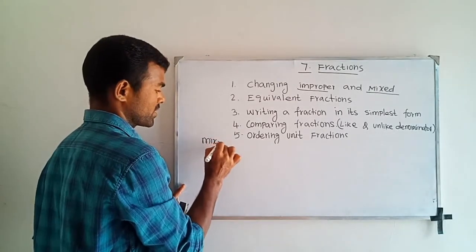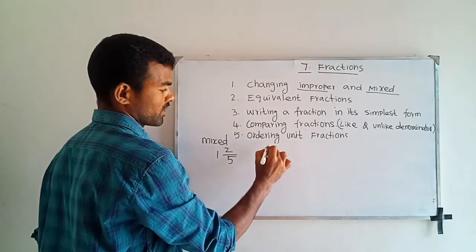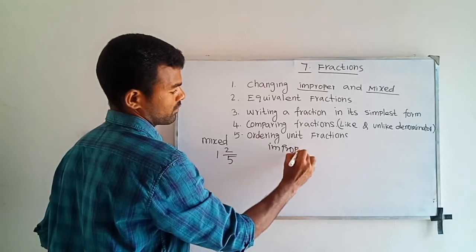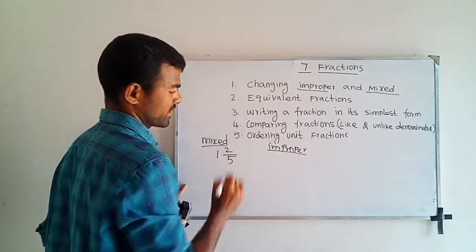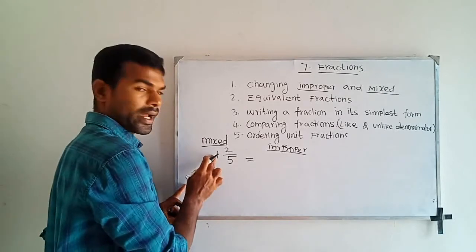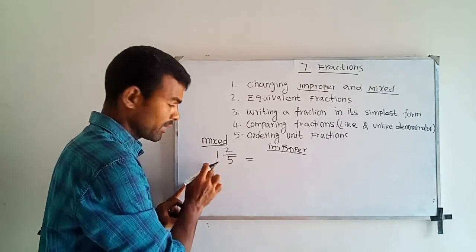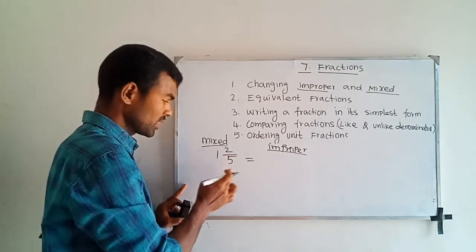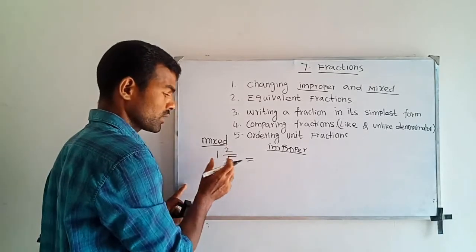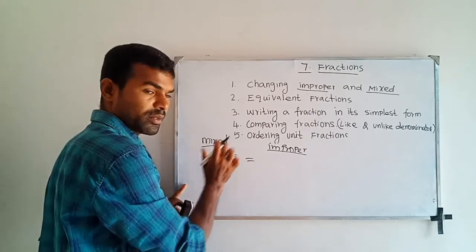Now we are going to change the mixed number into an improper fraction. Here 1 is the whole number, 2 by 5 is the fraction. Totally this number is a mixed fraction. So how do we change the mixed number into improper?